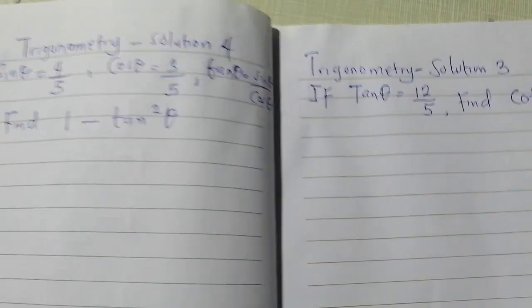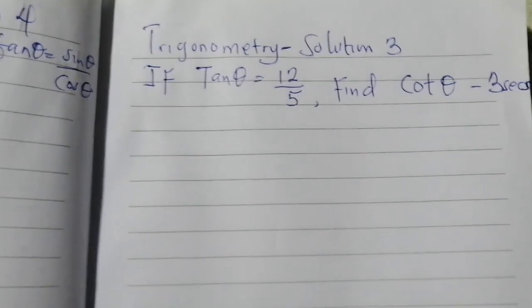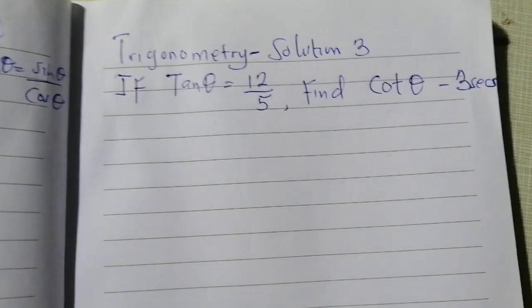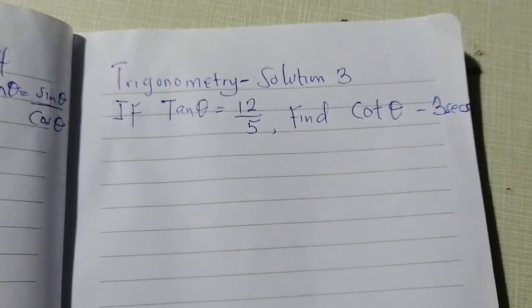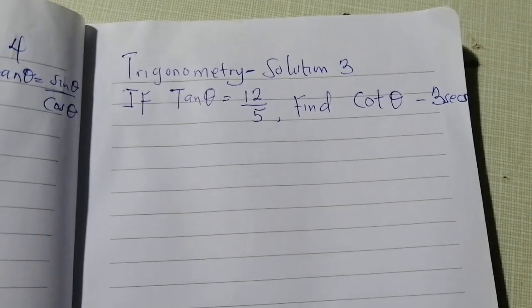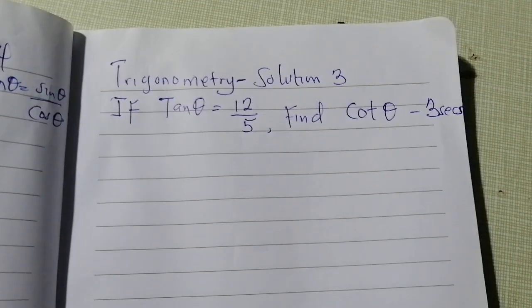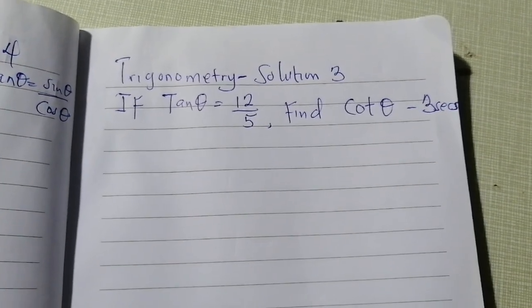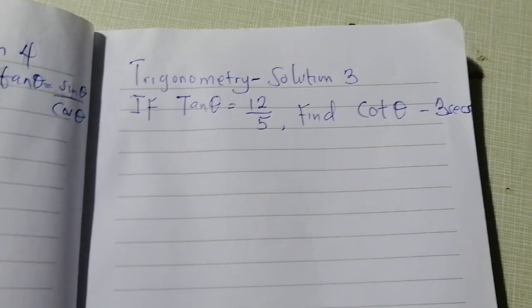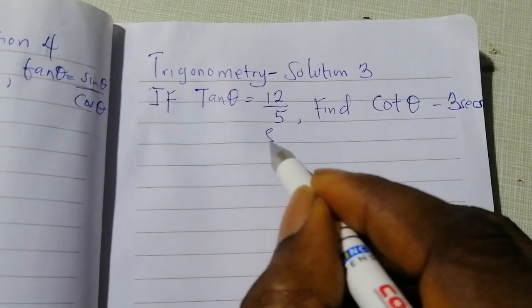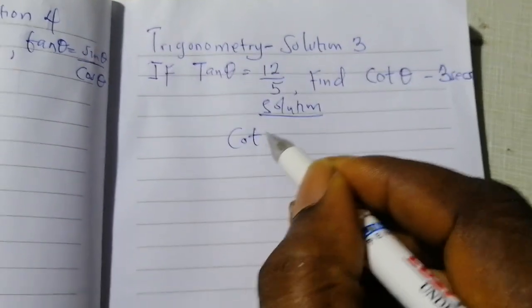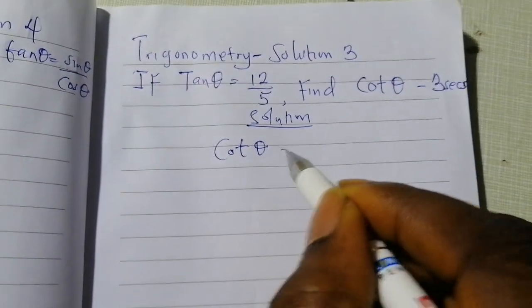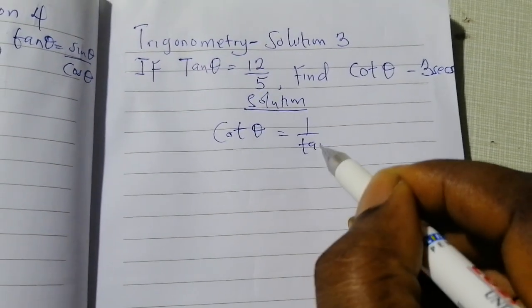Here we also have tan theta. That's one of the questions I've shared too. Trigonometry solution 3: tan theta equals 12 over 5. In this case, I don't even need to look at it. I've told you cot theta is the same thing as 1 over tan theta. I'll just go straight to the question. But for the sake of solution, cot theta equals 1 over tan theta.